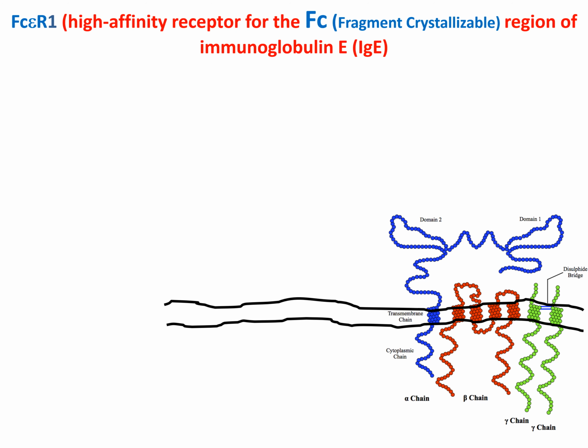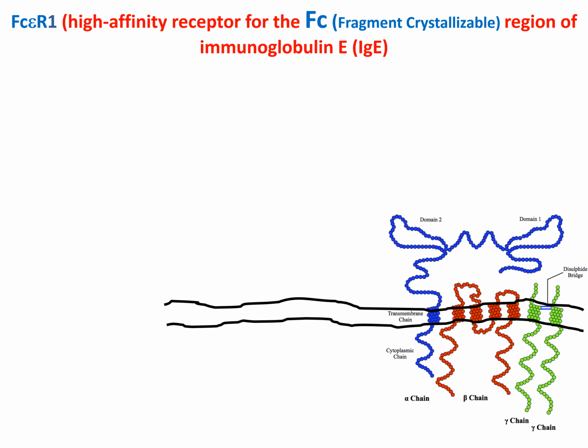So here we have the cell membrane for the submucosal mast cells and the basophils. And here we have the receptors on them, the one we call Fc epsilon R1. Now, these receptors are high affinity receptors for the Fc region of the immunoglobulin E. And I'm going to show you what the Fc region of the immunoglobulin E is.